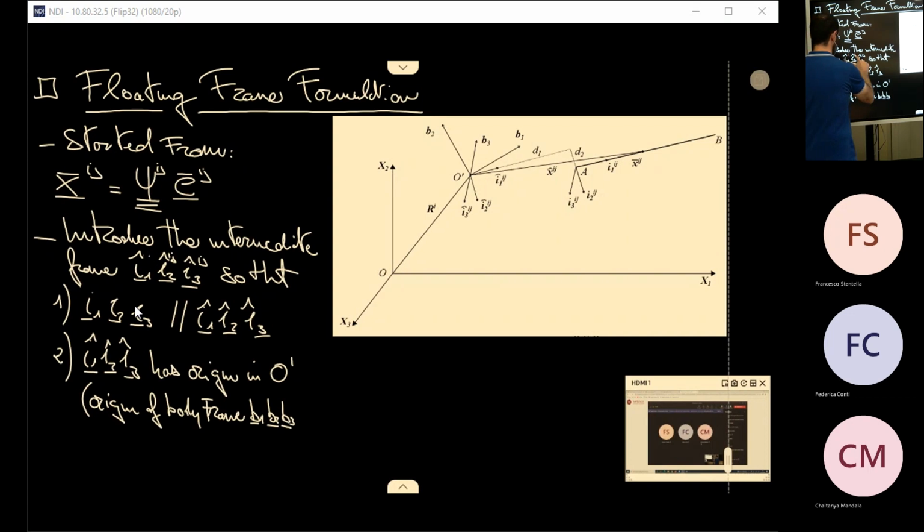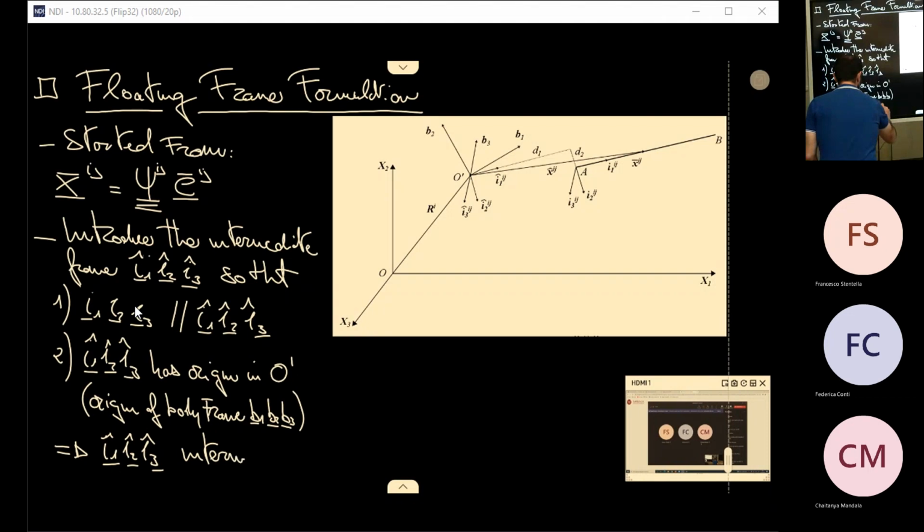Let's actually, just for the sake of clarity, remove this. So these were the two hypotheses, and this new coordinate frame was called the intermediate frame.